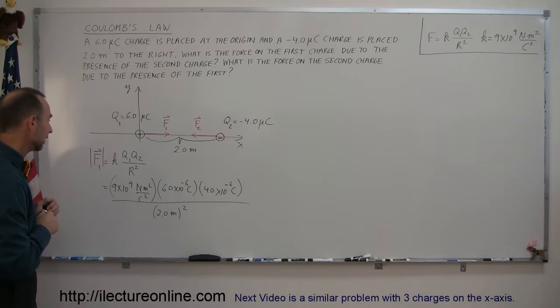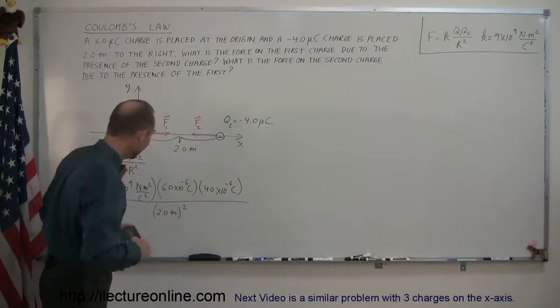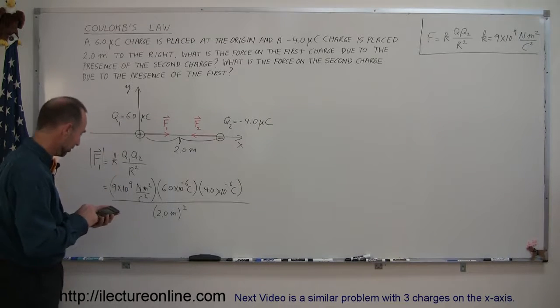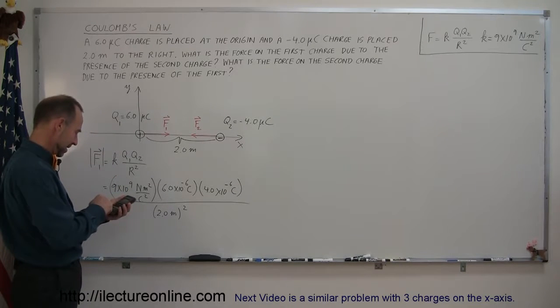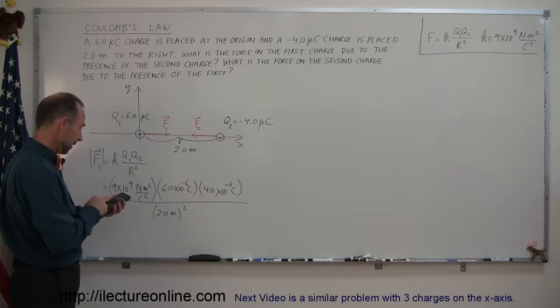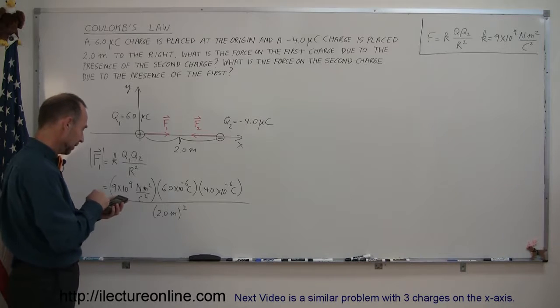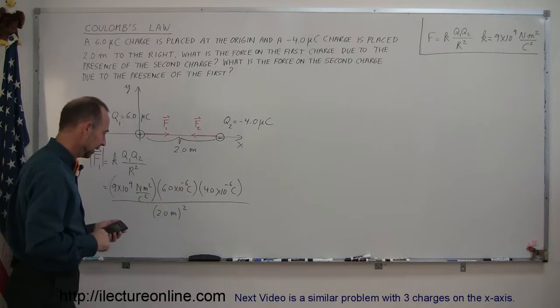And now I realize that I did not bring my calculator, so I'm going to be right back. Okay, back with my calculator. I can now go ahead and plug in these numbers. So it's 9 e to the 9th times 6 e to the minus 6 times 4 e to the minus 6, and divide the whole thing by 2 squared, equals.